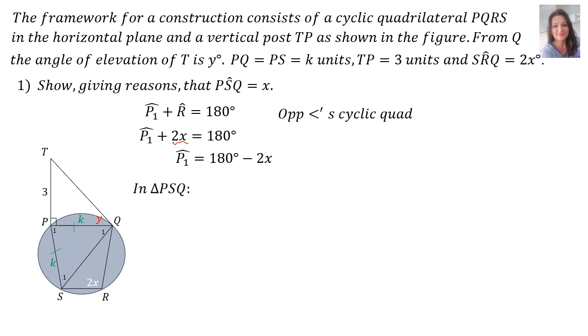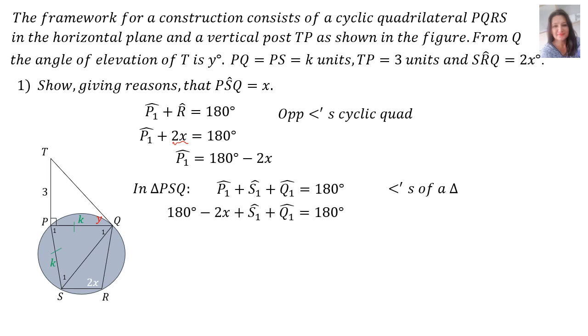Furthermore, we can say that in triangle PSQ, angle P1 plus S1 plus Q1 is equal to 180 degrees, and the reason: angles of a triangle are supplementary.